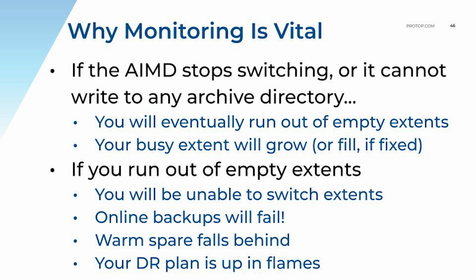Another scenario that I've seen is, if you run out of empty extents, and as we said earlier, backups cause extent switches. Well, if you can't switch, you can't do a backup, right? So that means if you're out of extents and you don't notice, and you've got an automated backup script that runs every night, your backups will fail.